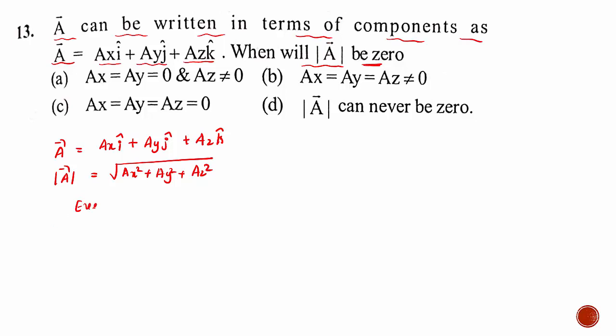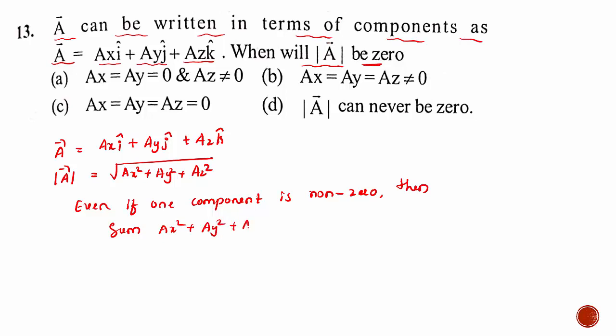So even if one component is non-zero, then sum of AX square plus AY square plus AZ square will be not 0, because if any one component is non-zero, we will not get the answer as 0. So here it cannot be 0.